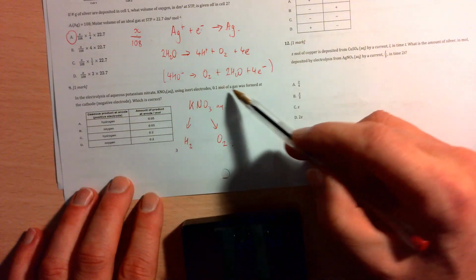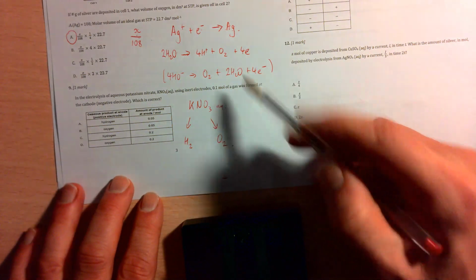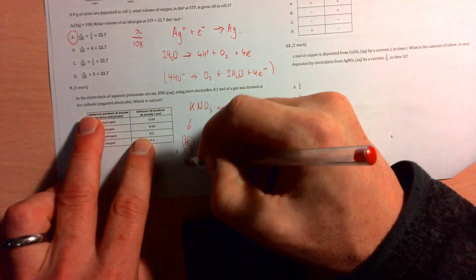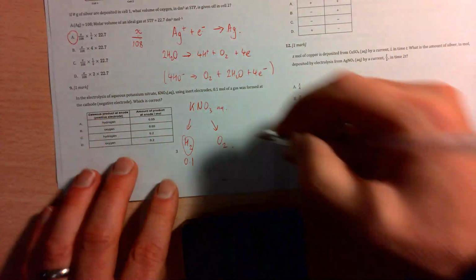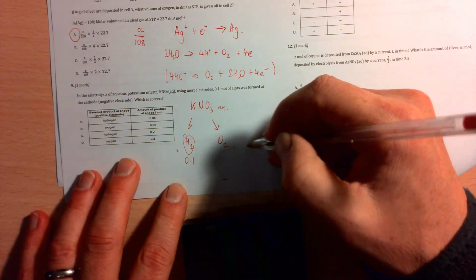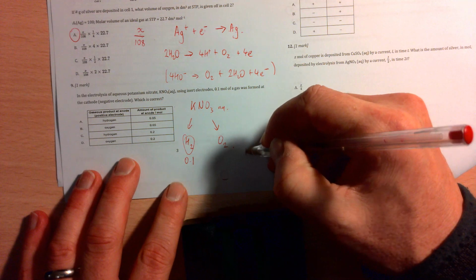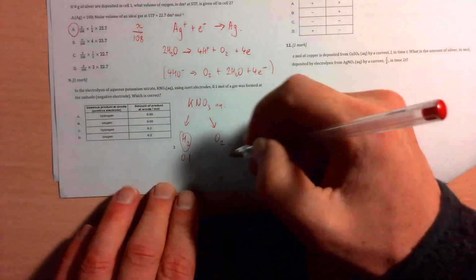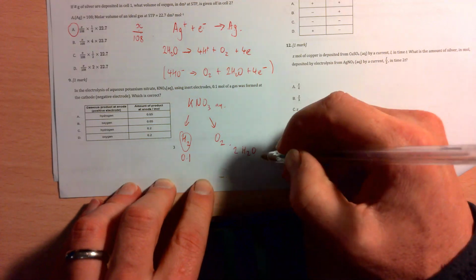It's telling you you've got 0.1 mole of a gas formed at the cathode. So that's hydrogen. You've got 0.1 moles of that stuff. So you need to have these two equations again. I just paused it to give myself a sec to write it down.